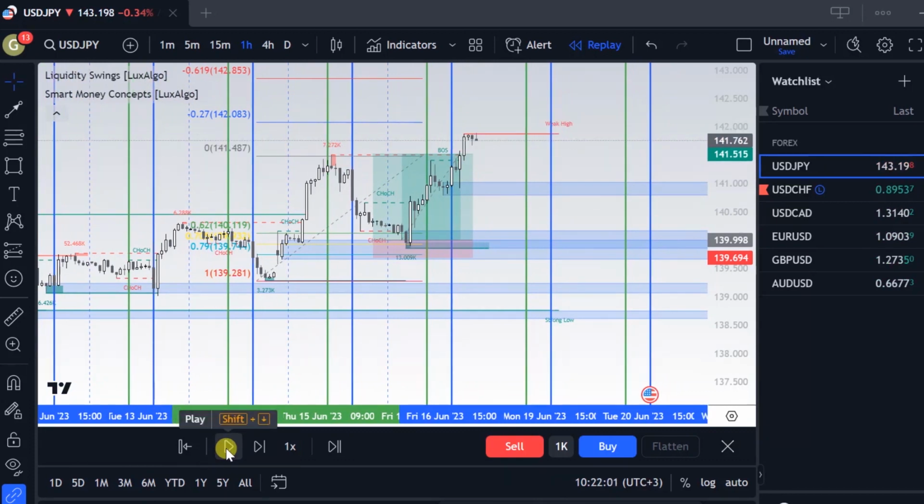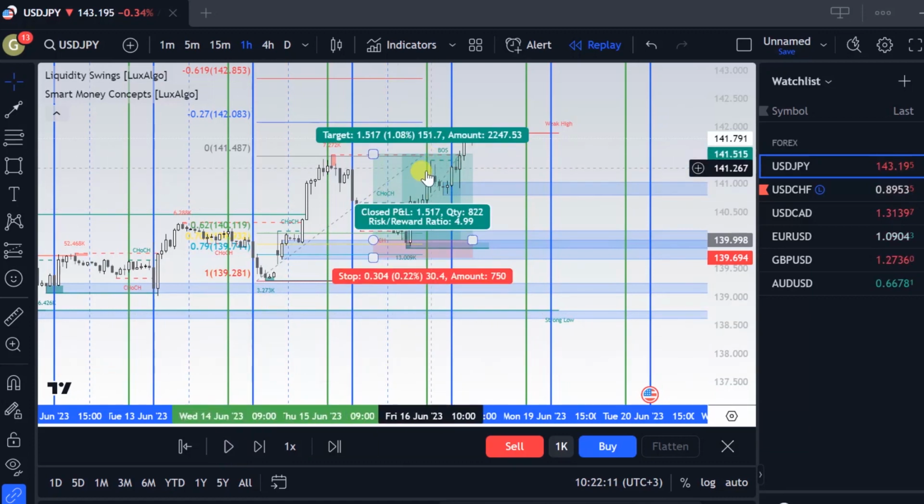So from right there, you can be able to actually take your profit from there, or else for those people that are a bit more greedy, you can keep trailing this. And guys, check out, this has given us a 4.99, or you could say a 1 to 5 risk to reward ratio. So definitely this is going to be one of those game changers, guys.